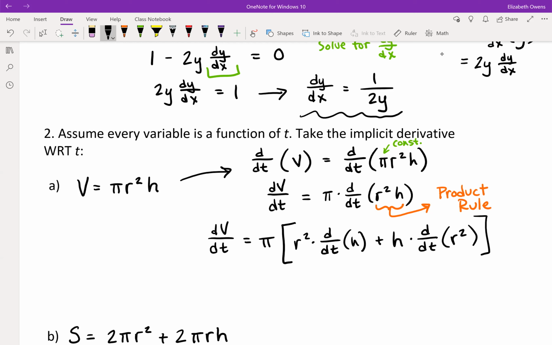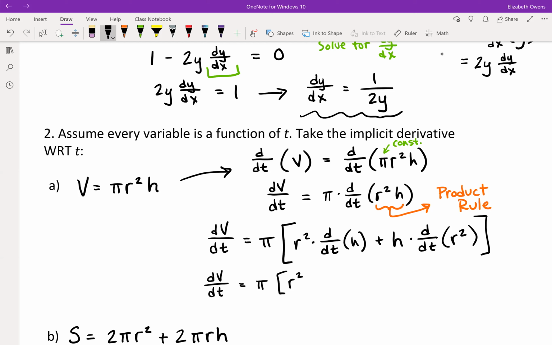Okay, so then we're just breaking this down so we can focus on one little piece at a time. And we'll have dv dt equals pi. And then inside here, r squared, and what do we think this is going to be? d dt of h.